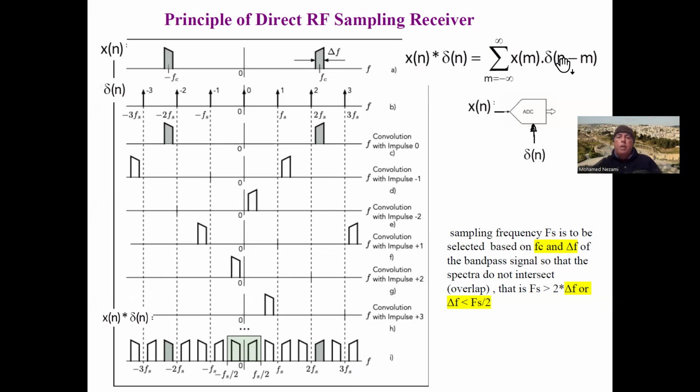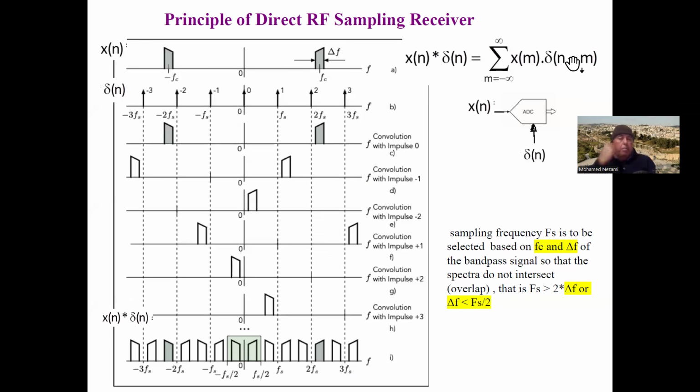And of course, if you recall, this is the discrete time definition, but in the frequency domain, the convolution is simply taking the Fourier transform of the analog signal and the Fourier transform of the impulse function and basically multiplying them together, okay?